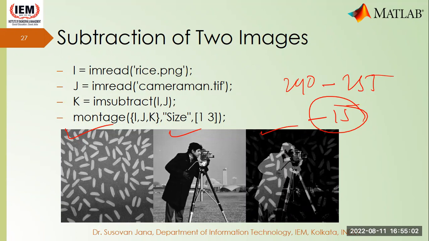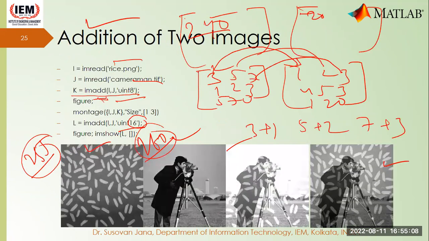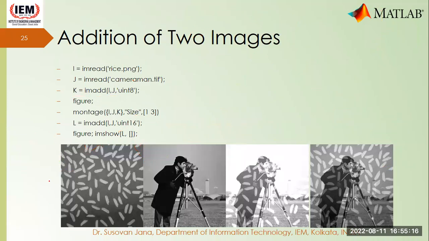Okay. And another thing, can you go back to the slide where you are adding two images? Yes, here. I think the last image is the addition of the first two images, right? Yes. This image is also the addition of the first two images, but this is an 8-bit image and this is a 16-bit image.